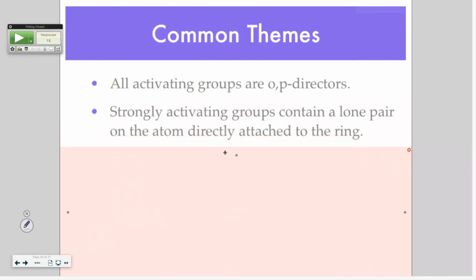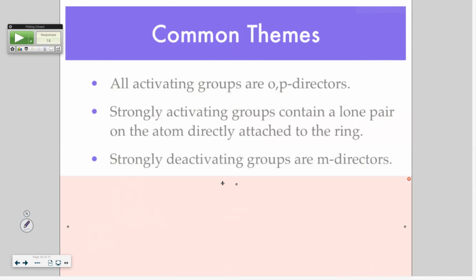Strongly activating groups contain a lone pair on the atom directly attached to the ring. That would be oxygen, nitrogen. Those are the two main ones, but not the halogens.